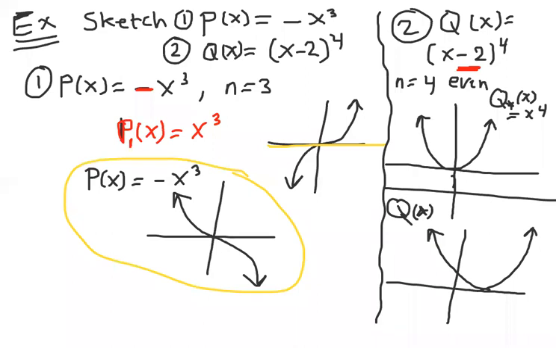Is it clear for all? Perfect. So now, after today, we can sketch any polynomial function with power greater than 2. Here the power is 4.